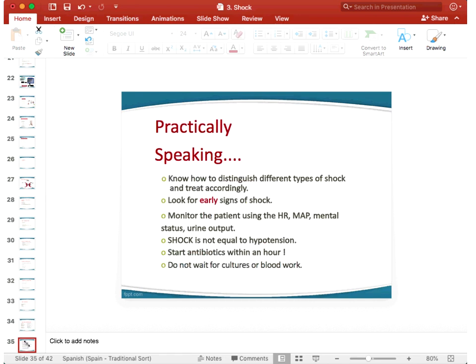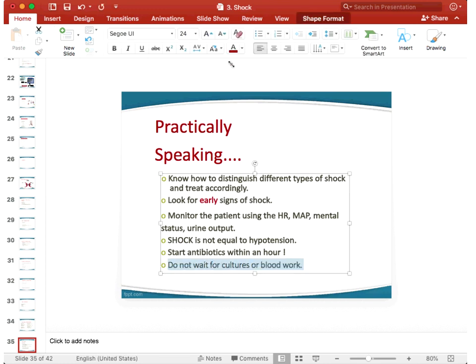Any other questions? See, this is very important. In septic shock, you start on antibiotics.